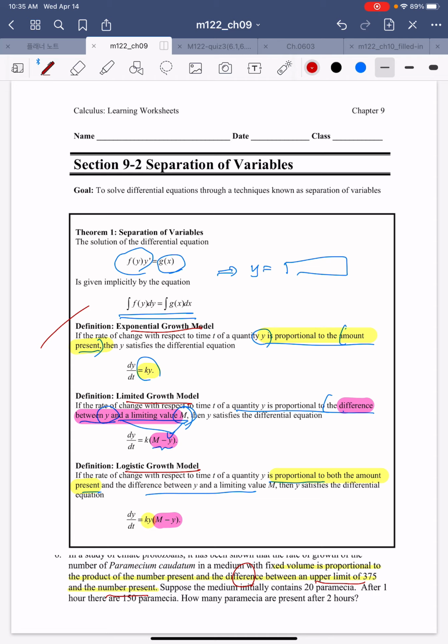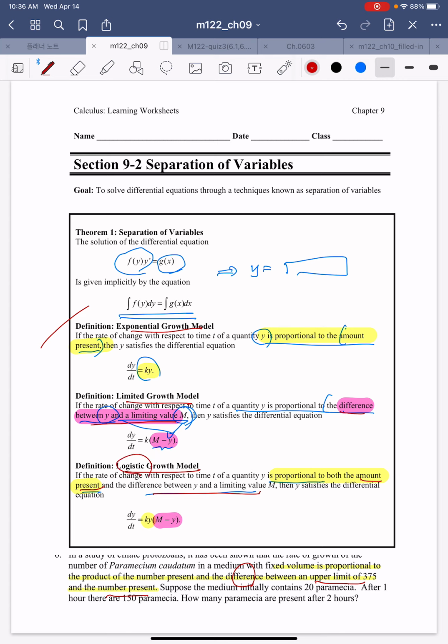Upper limit means limiting value, right? So this one over here is the difference between y and the limiting value, and this is both the amount present and the difference between. So I'm looking at logistic.